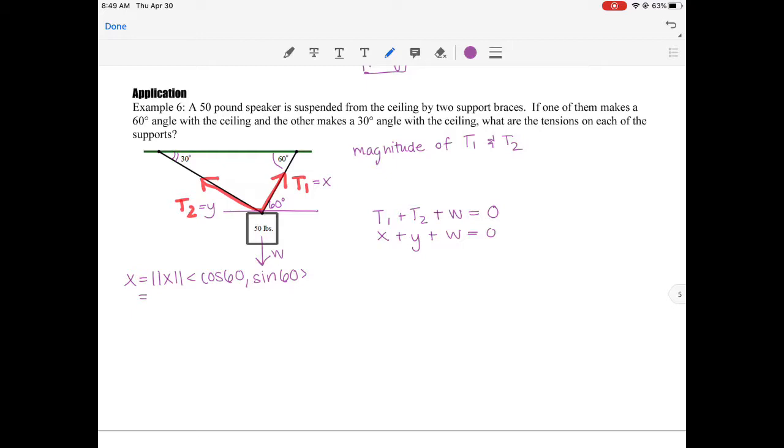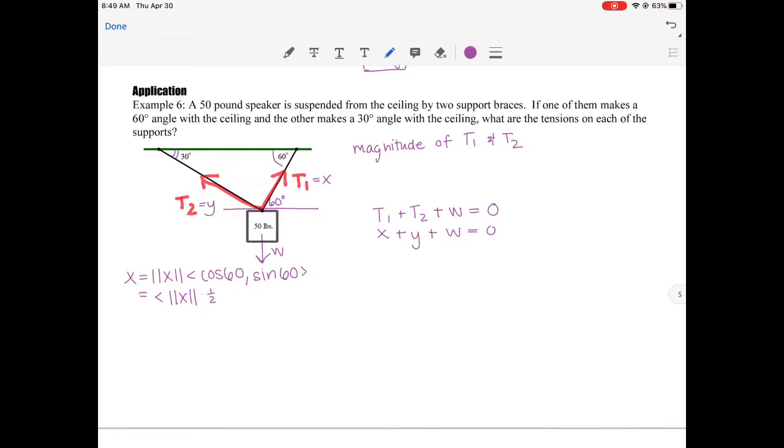So we could rewrite this as the magnitude of x, cosine of 60 is times a half, sine of 60, magnitude of x, times sine of 60 is square root of 3 over 2. So we can think about this first vector here as the vector of the magnitude of x over 2, comma, the magnitude of x, square root of 3 over 2.